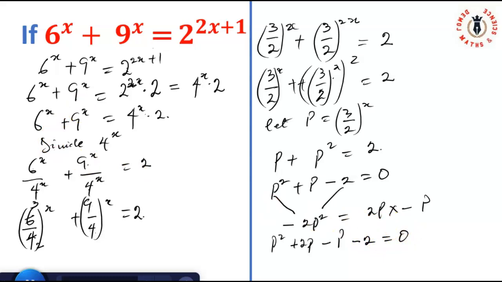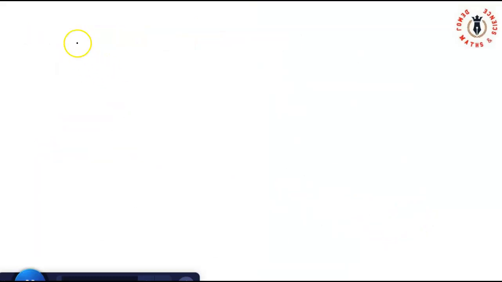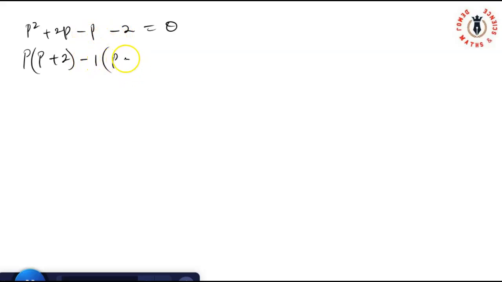Now let's move to the next slide. So I had p squared plus 2p minus p minus 2 is equal to 0. So that p squared, I have p out, this becomes p plus 2, minus 1 is common between minus p and minus 2, into p plus 2 is equal to 0.